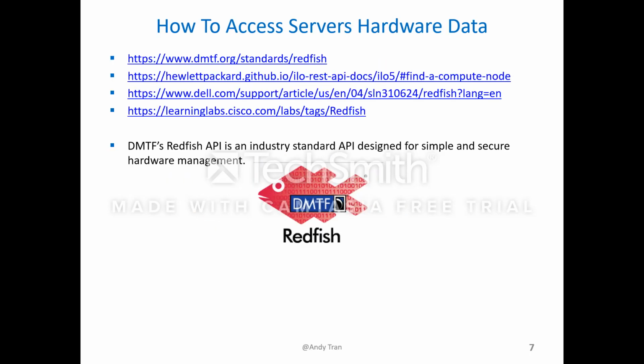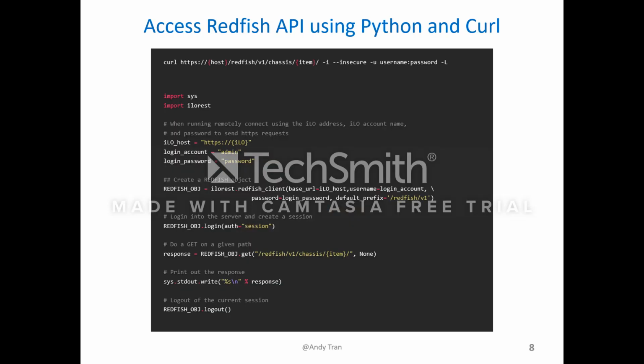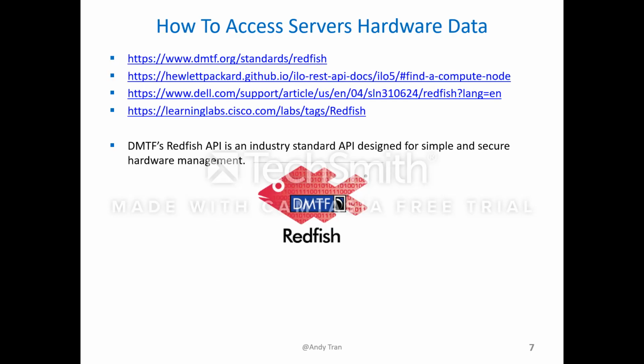The Redfish API is an industry standard. It is not proprietary. You can query the system using just a simple curl command or a Python script, and basically you just connect to that system and collect whatever data you want, and it's accessible to everyone.